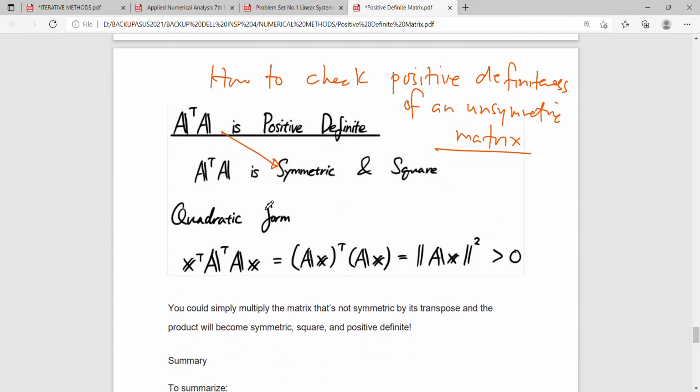Okay, so this is how to do it. If the matrix A is not symmetric, then you first get the A transpose A and go with the quadratic form.